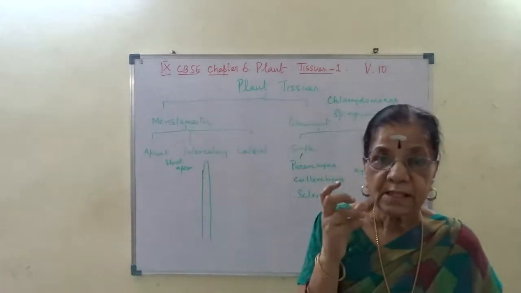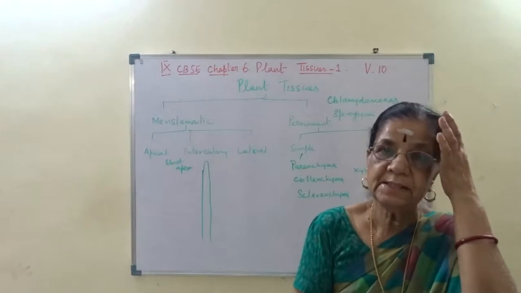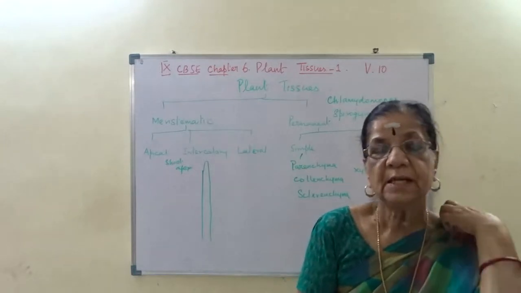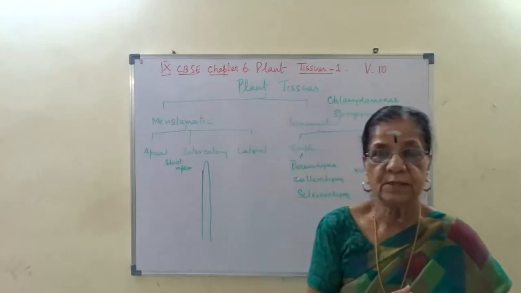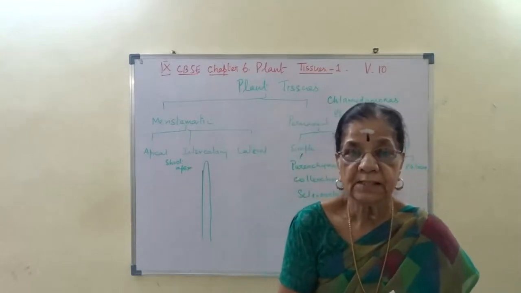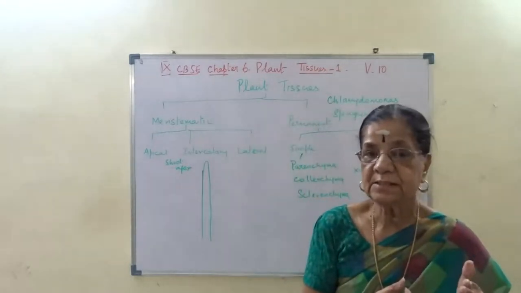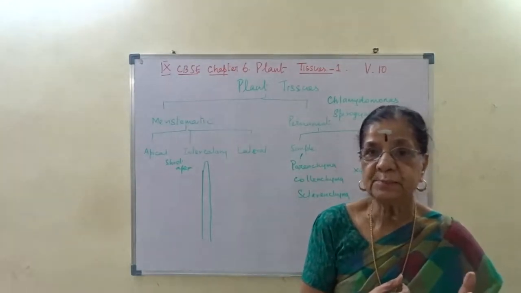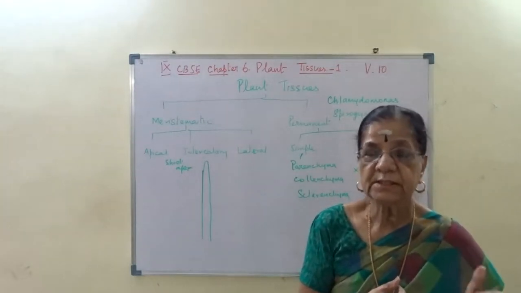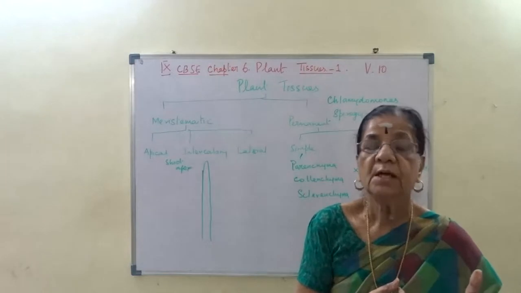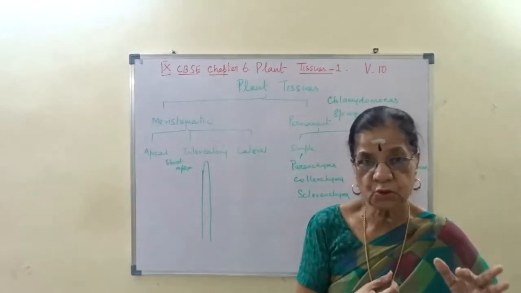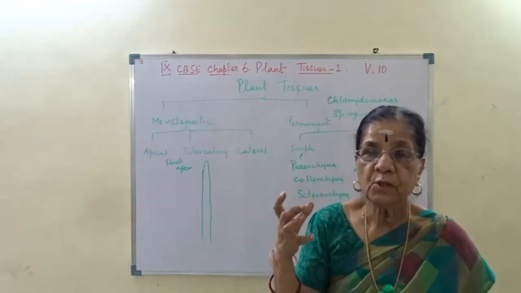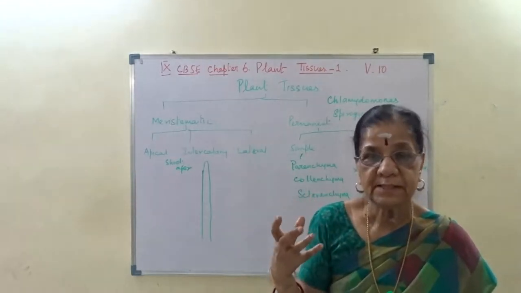And the actively dividing cells. We have studied mitosis and meiosis, the cell being the fundamental unit of life. In a plant cell, the growth is taking place by mitotic division. So a cell which is dividing by mitosis into two, like that, the number of cells will be dividing.